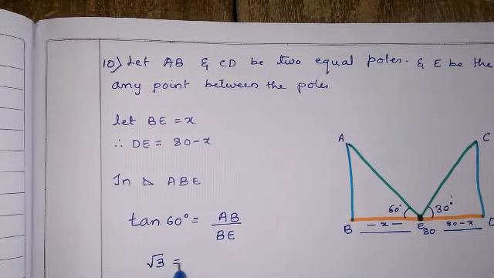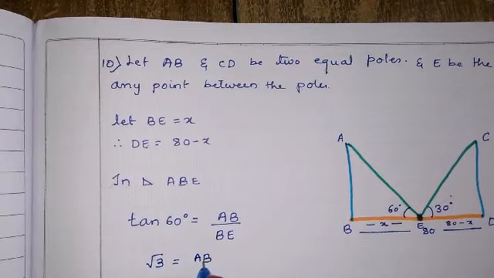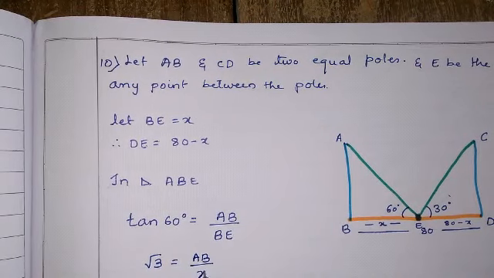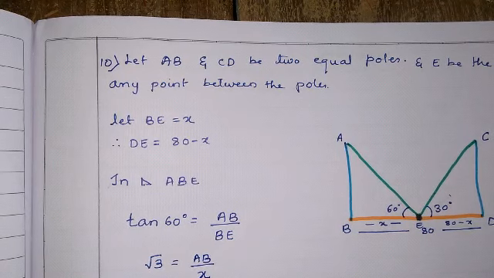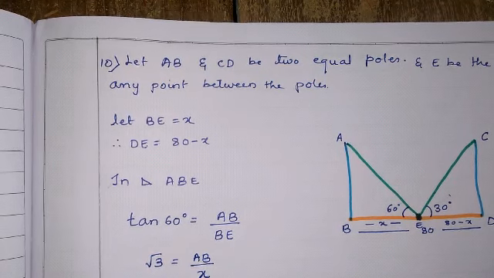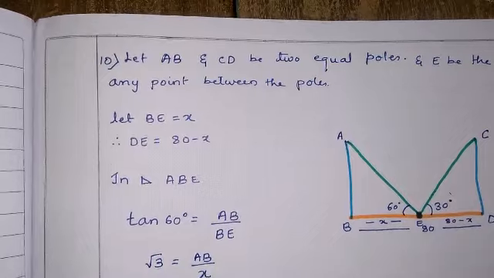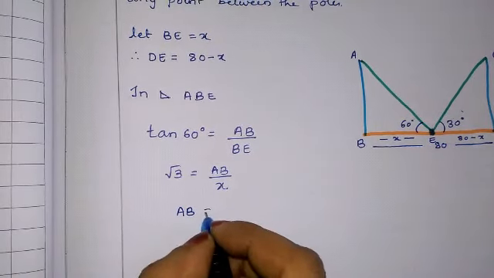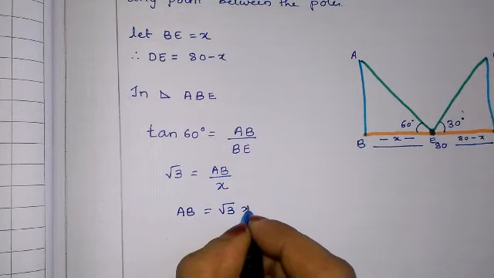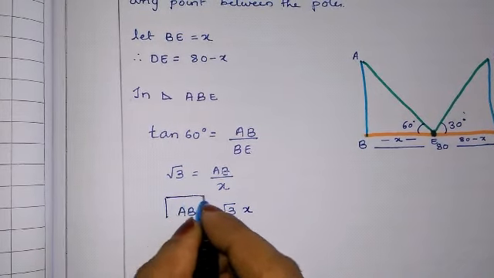Root 3 is equal to AB, which we don't know, over BE, which we know is x. So AB value is nothing but root 3x. Okay, this we got AB.